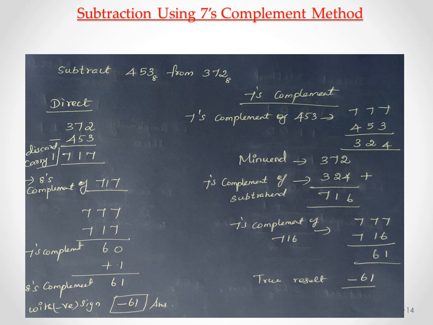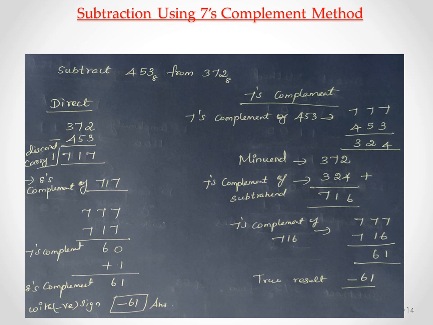So the answer is 60. Then we are adding plus 1 to get the 8's complement. So the answer is 61. So when minuend smaller case arises, we need to take the 8's complement of the answer with negative sign. So minus 61. This is the direct octal method to perform the subtraction.